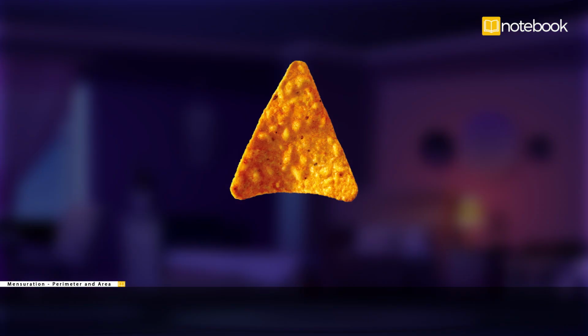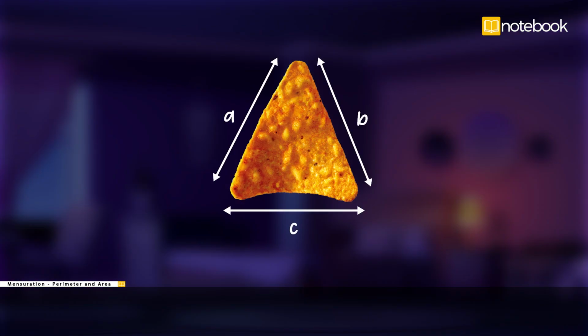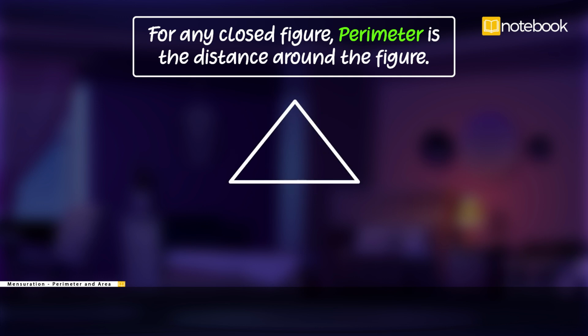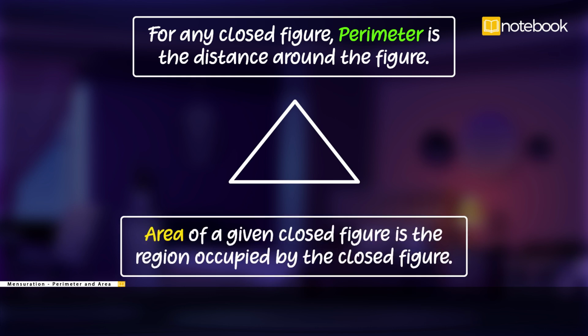So do you know, when we add the lengths of the sides of a triangle, we get the perimeter of the triangle. For any closed figure, perimeter is the distance around the figure, or in other words, the length of the string needed to form the figure. Area of a given closed figure is the region occupied by the closed figure.